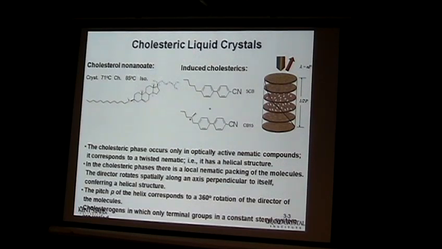The type of material they discovered used cholesterol derivatives. This is the chemical structure. It has a kind of tail, and this type of material exists naturally in plants. If you want other materials for photonic applications, this is the one you are looking for.